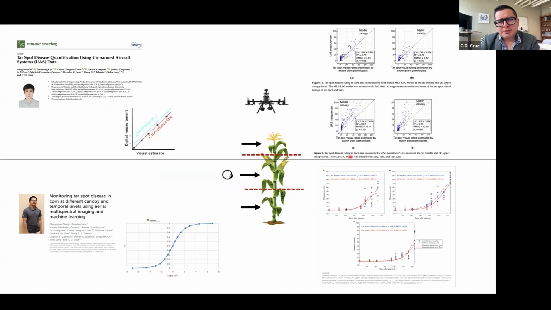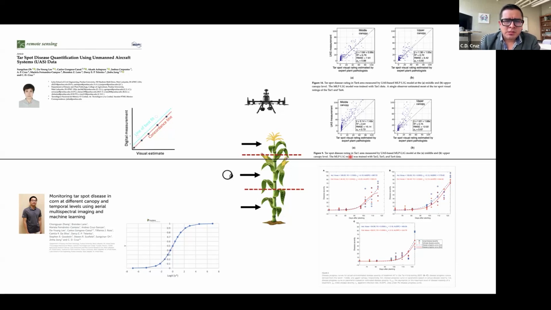And so at Purdue, when I arrived here in 2018, tar spot had already been detected in the year 2015. And so I quickly had to make a decision on what pathosystem to put more emphasis on. And so we were fortunate to collaborate with people from the botany department and also from outside of the department.